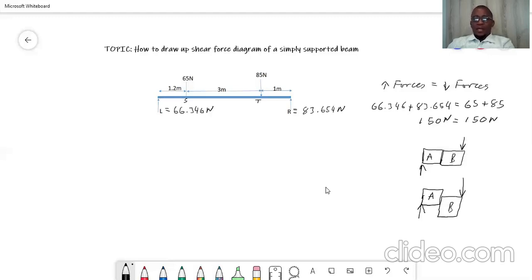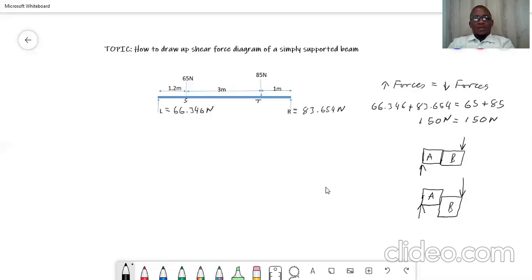So that is basically the impact of these forces on a beam. This is really what is happening in reality, right? So our shear force diagram is simply the graphical presentation of this impact of forces on a beam.